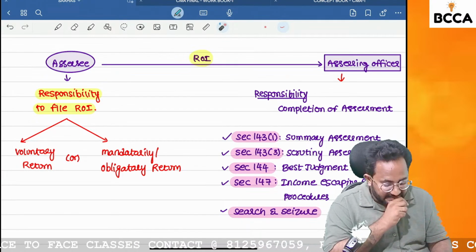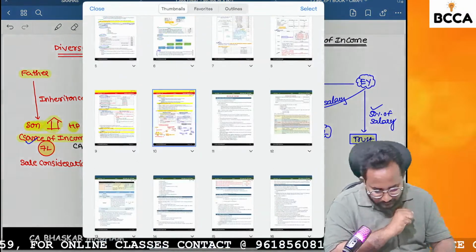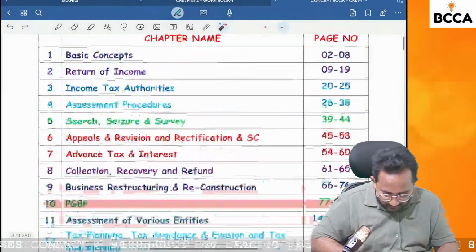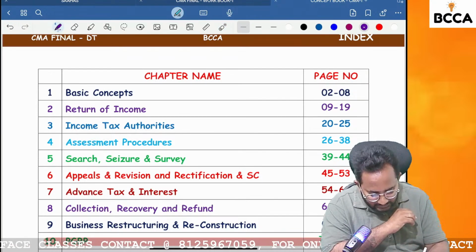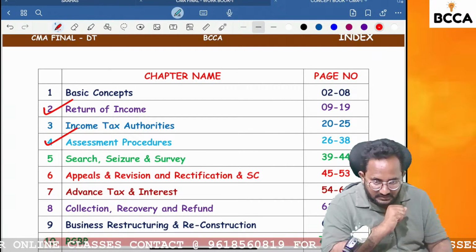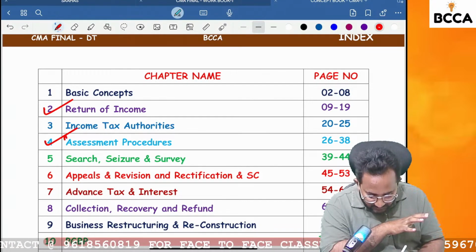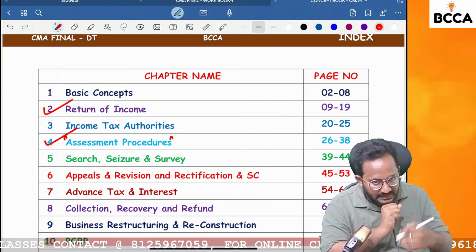Next, if you observe our concept book, after completion of return of income, what is the next chapter? Assessment procedures. What are the different types of assessment procedures? That means how to verify the return of income filed by the SSE.